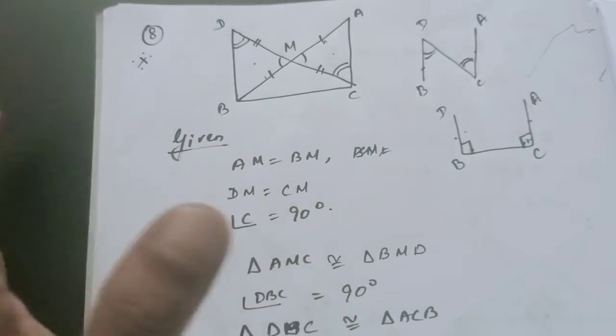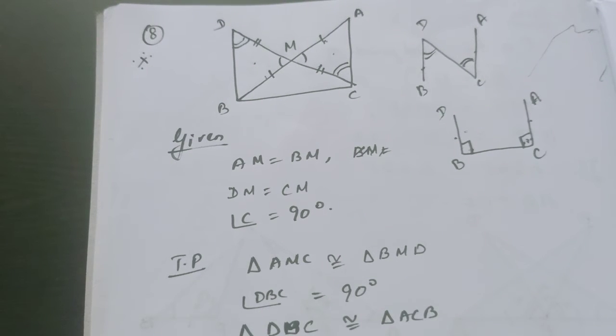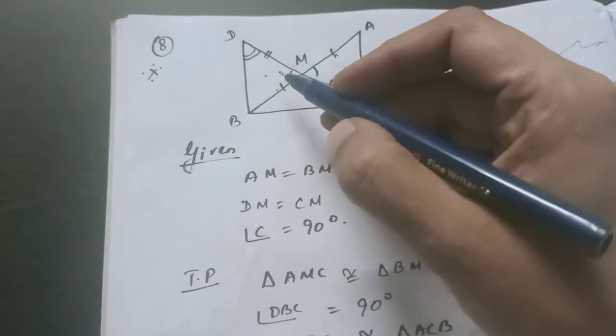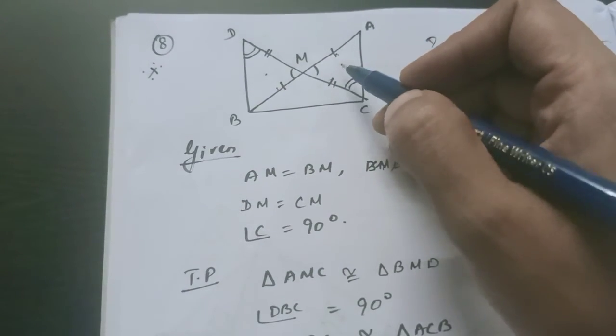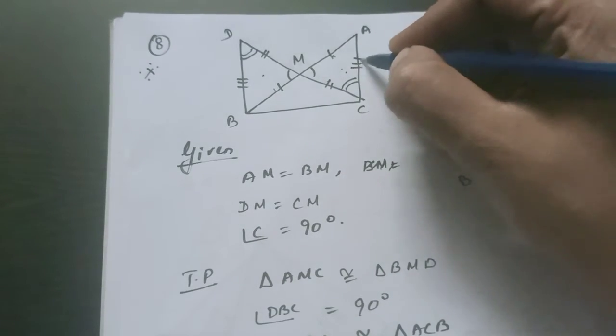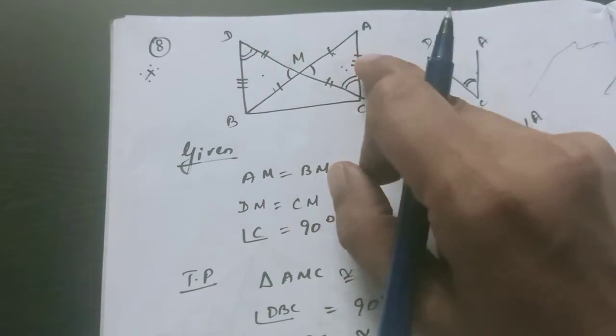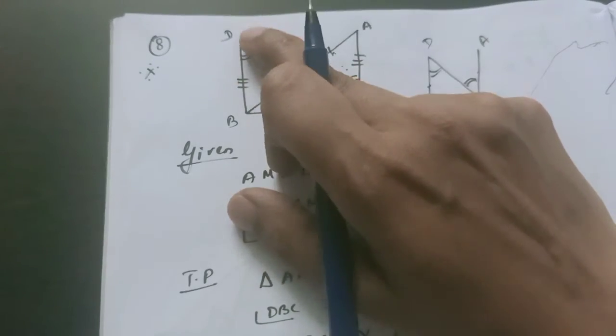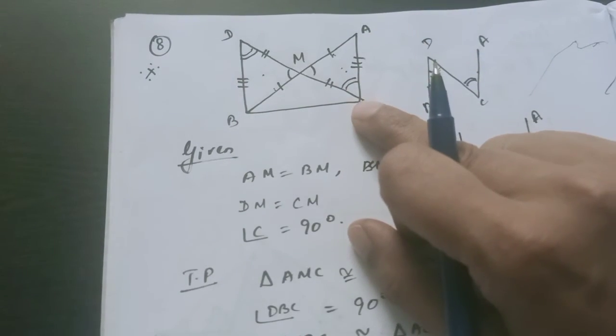So for this we don't have enough data. So again we are going to go for the first one only. We saw, no, these two triangles are congruent. Since they are congruent, by CPCT we will get these two are equal because they are parts of the same congruent triangles. By CPCT we get DB equal to AC.